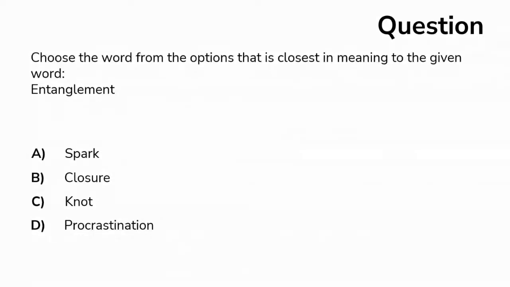Yes, guys, answer for this. Entanglement. Entanglement has the root word tangle, which is related to having a knot. So hence the answer should be option C, which is tangled word. And if we go for the other words, spark is a small particle thrown off from the fire.